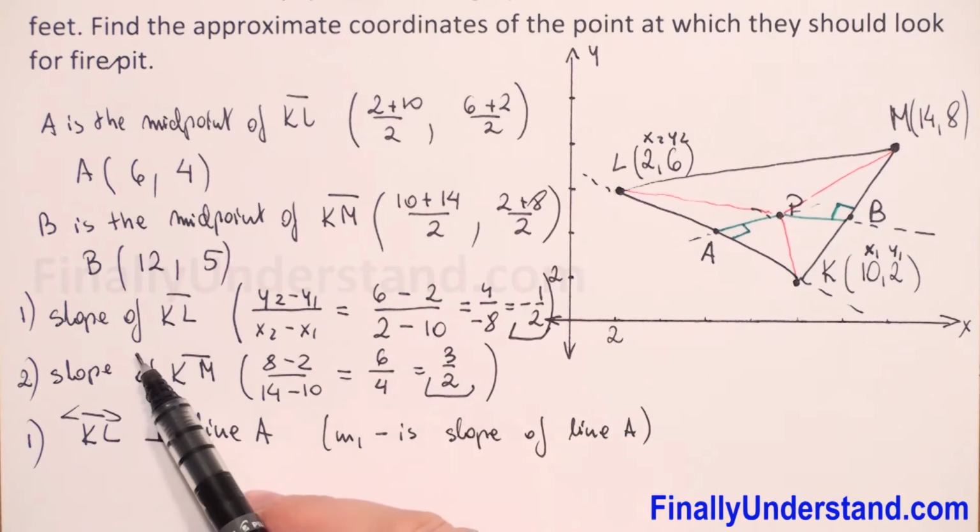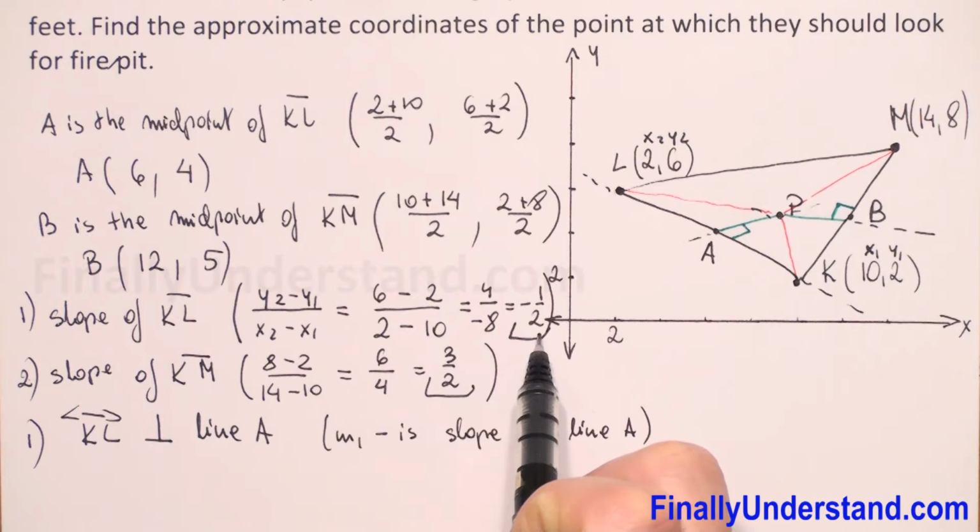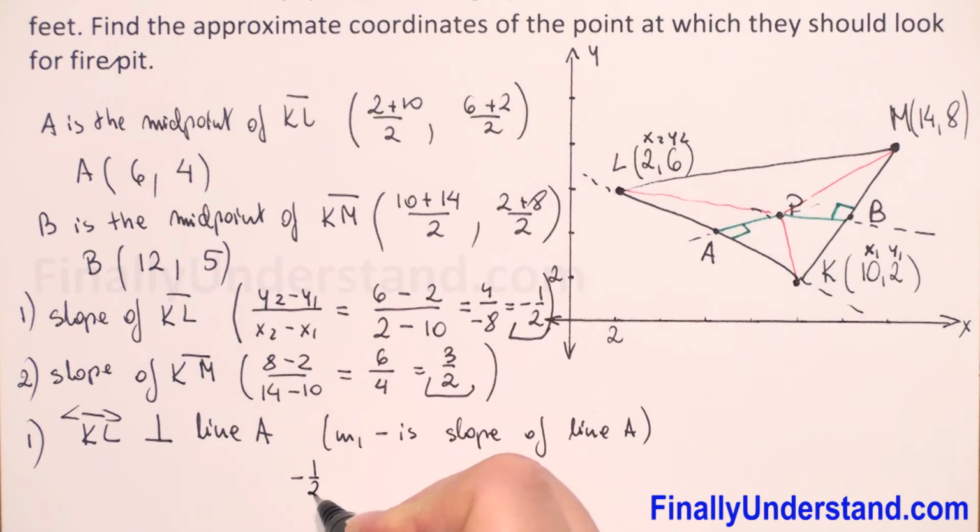So the slope of line KL is -1/2 times M1 must be -1. We have to multiply both sides by -2 to reduce this fraction.